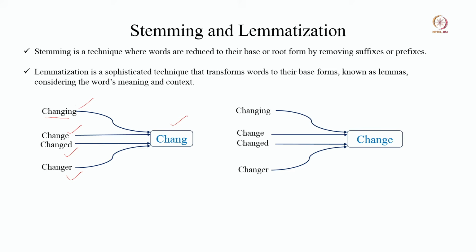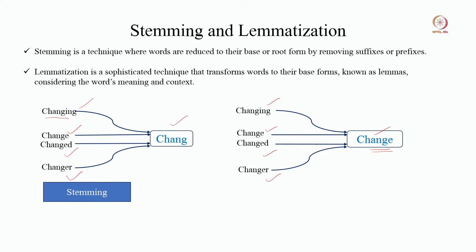Whereas in lemmatization, it takes the same words changing, change, changed, changer, and changes them into the base word, which is change. And this change is a dictionary word. It has a meaning, whereas chang is not a dictionary word. It doesn't have linguistic knowledge.